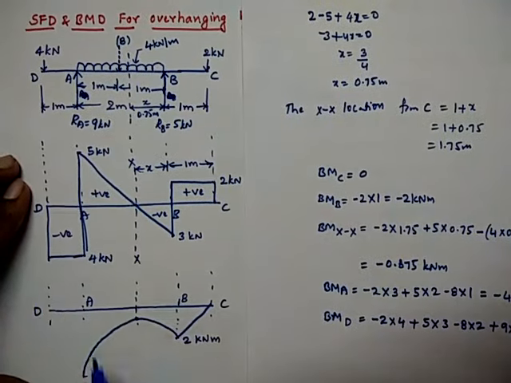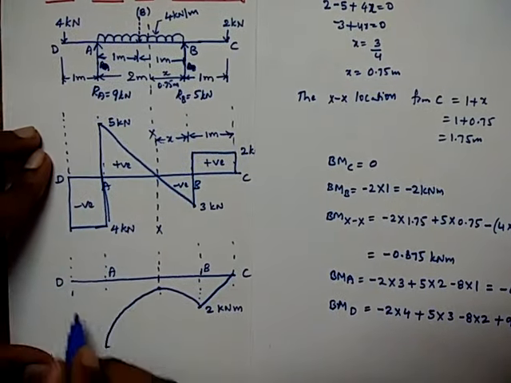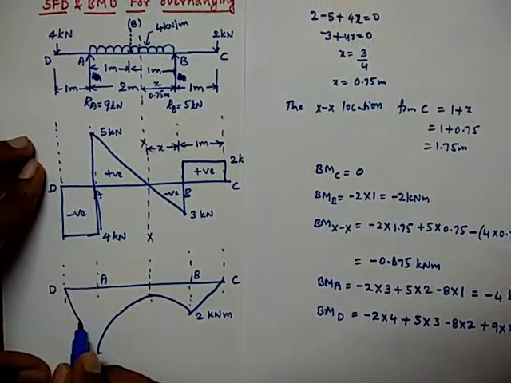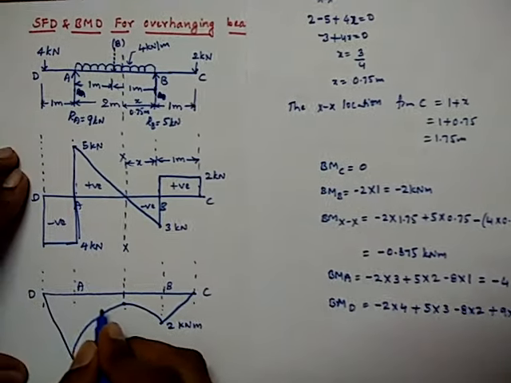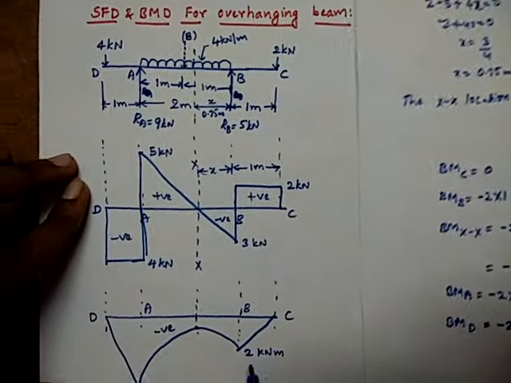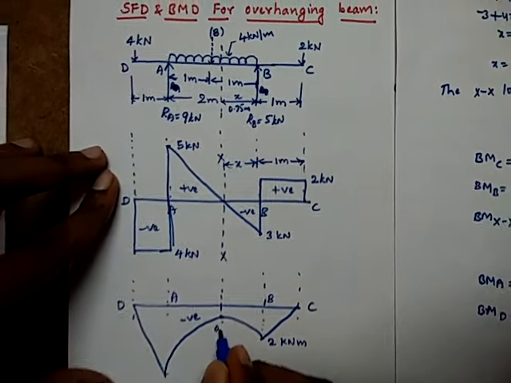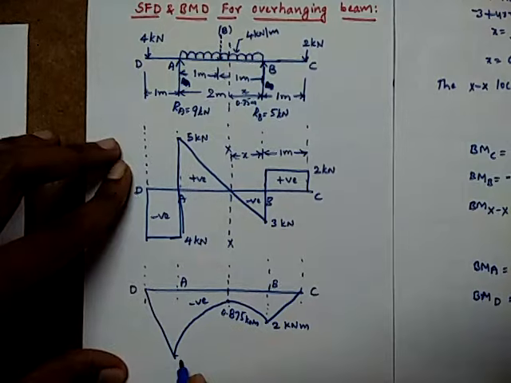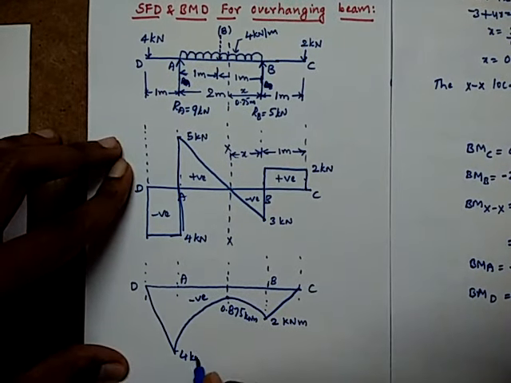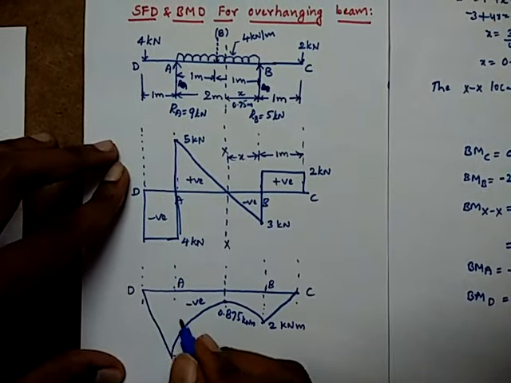Here we have a horizontal line, and here we'll get an inclined line. So it is an inclined line between these 2 points. So this is the bending moment diagram. Total is negative we got: 2, and this is 0.875 kilonewton meter, and this is 4 kilonewton meter. Anyway, it is negative direction, and 0.